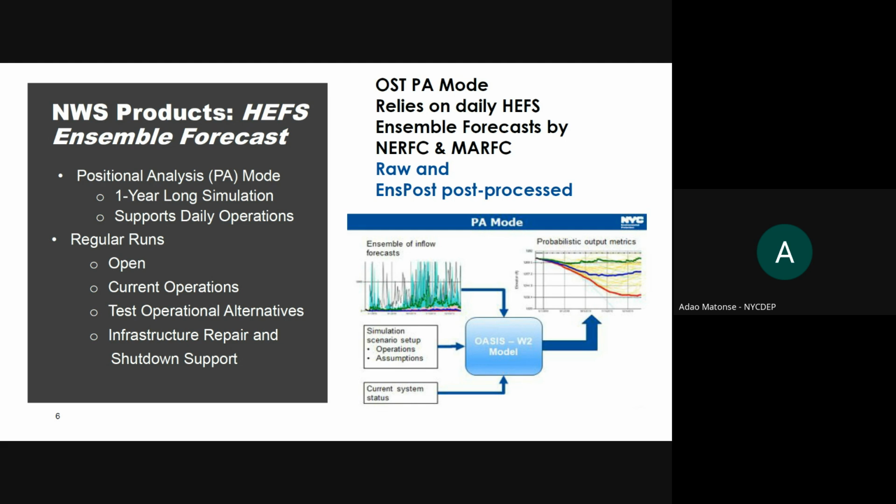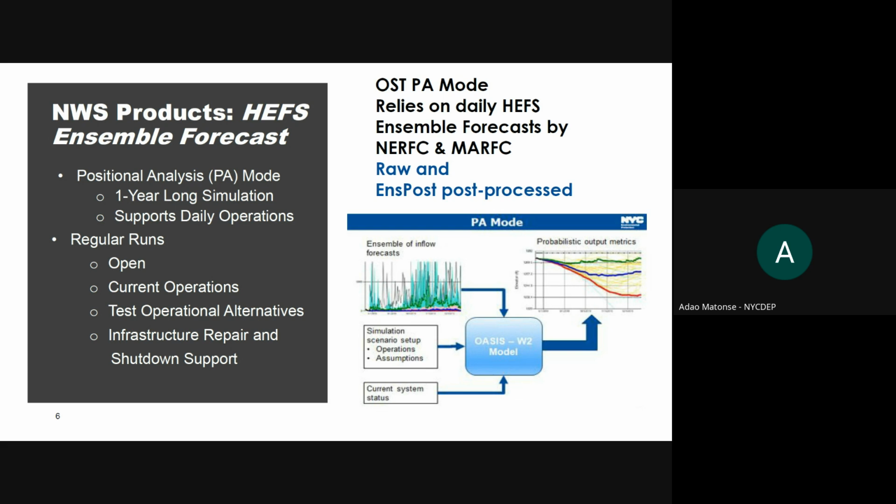It also provides output to support infrastructure repair projects as well as infrastructure shutdowns, like the one starting in October, where we'll be shutting down the Delaware Aqueduct that provides more than half of the water that goes to the city. And it can take between 5 and 8 months.